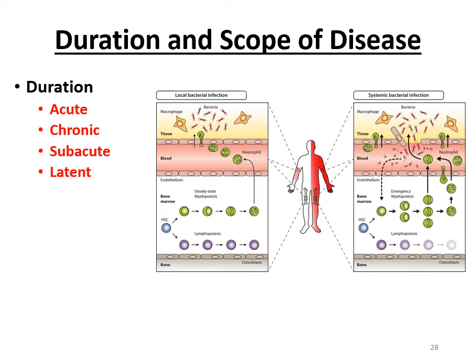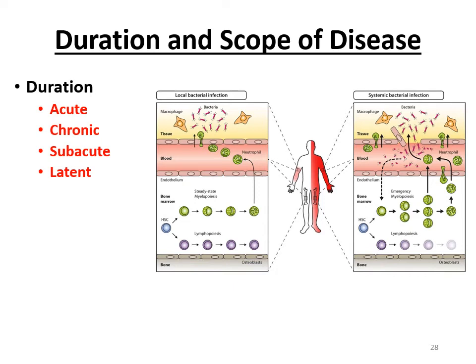The more stressed out you are, the more likely these latent infections will pop up, which is why people who have, let's say, latent herpes or even mono, during times like finals week, suddenly you'll see the blisters and cold sores popping up.